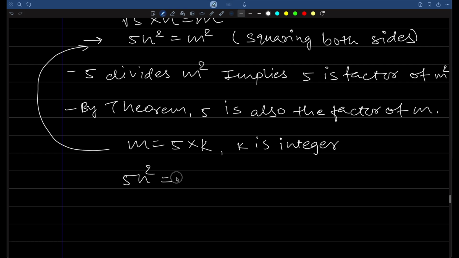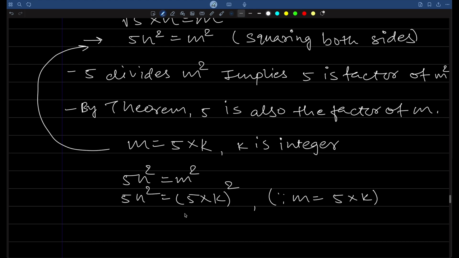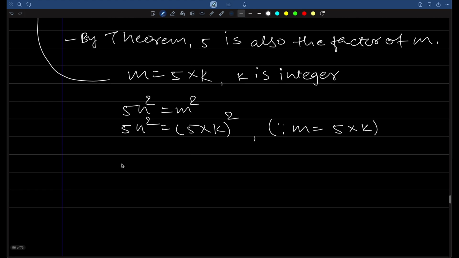5n square equals m square. We have m equals 5 into k whole square, because m equals 5k. So 5n square equals 25 k square. Dividing both sides by 5, we get n square equals 5 k square.